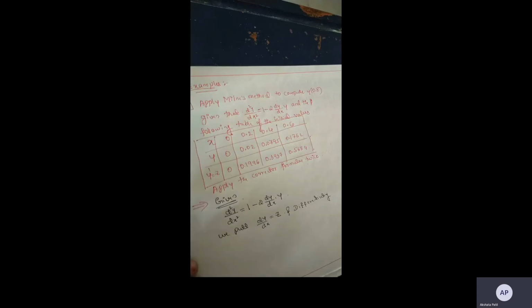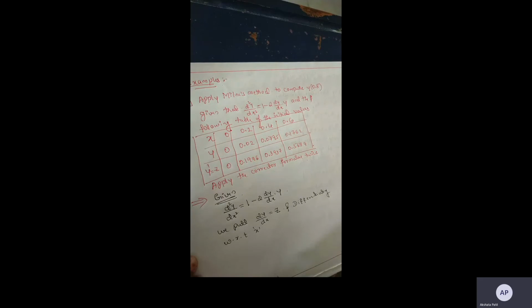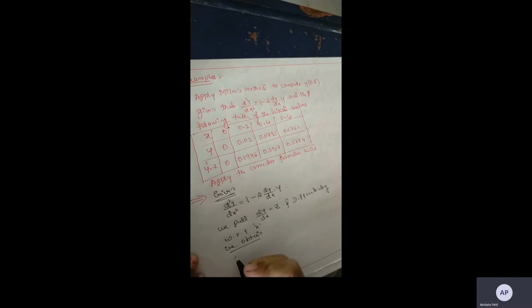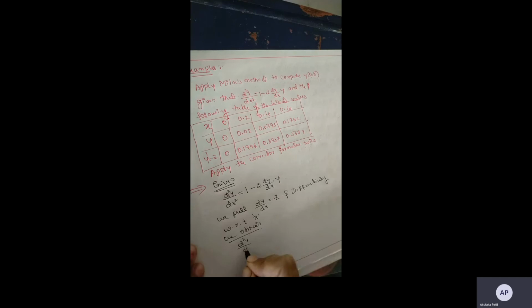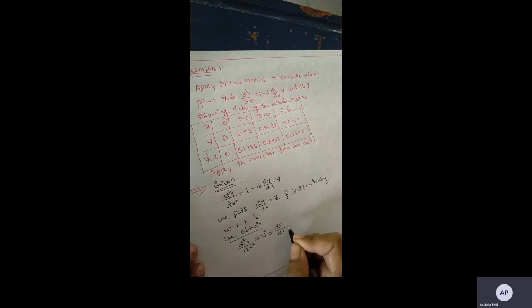Now first we put dy by dx equals z, and differentiating with respect to x, we obtain d square y divided by dx square, or y double dash, equals dz by dx, or we can say z dash.